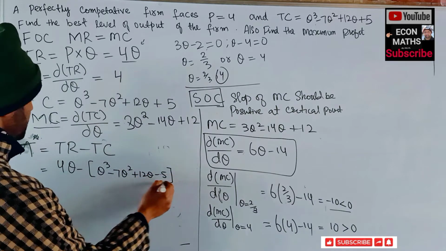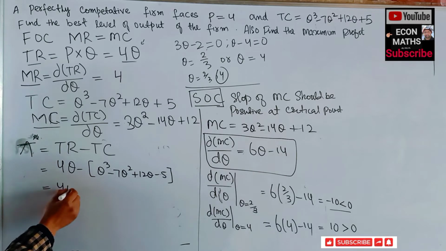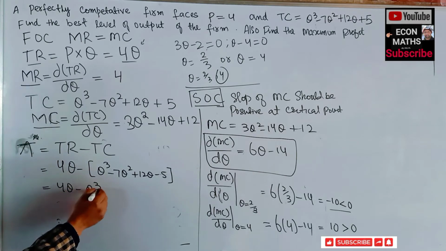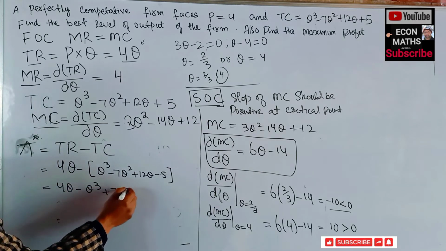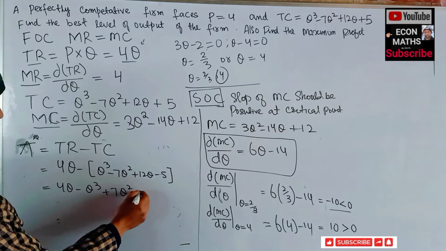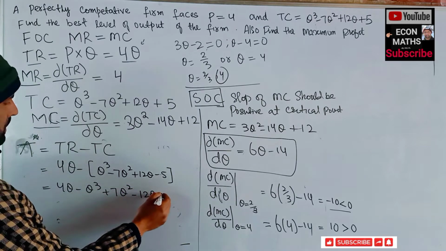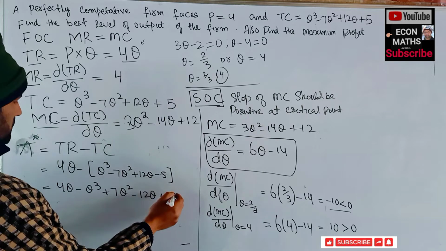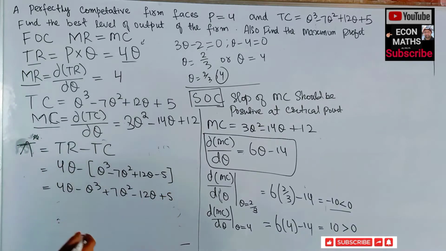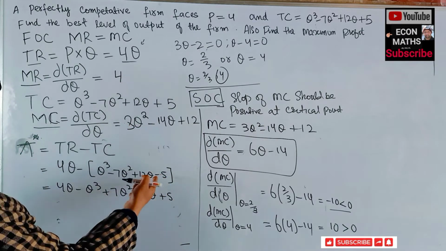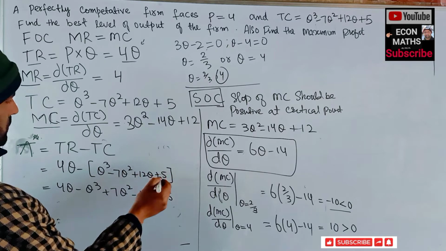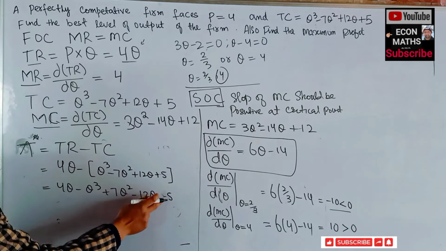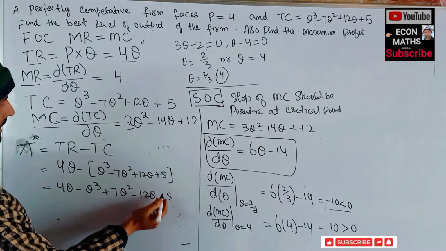Okay, this is 4q minus q cube plus 7q square minus 12q plus 5. Sorry, it is here minus 5.